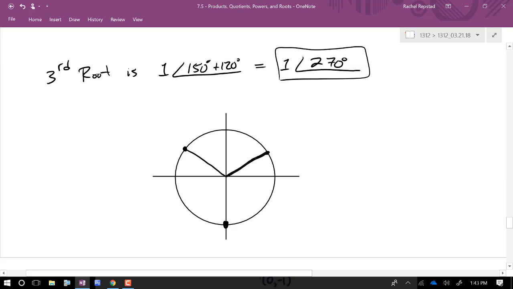So these are our cube roots. It's basically like a flux capacitor here. Equally spaced. If we were finding the fifth roots, there would be 5 of them, equally spaced all around a circle of the same radius.